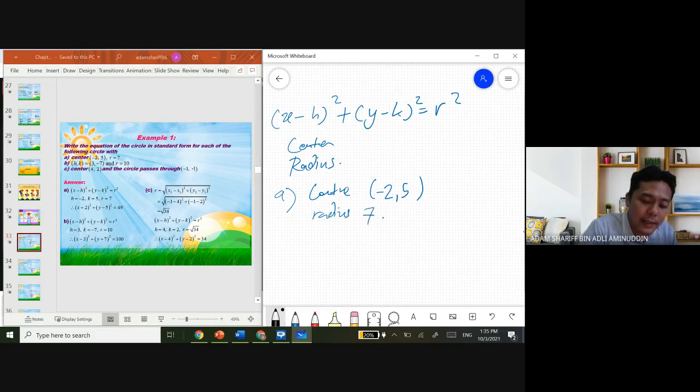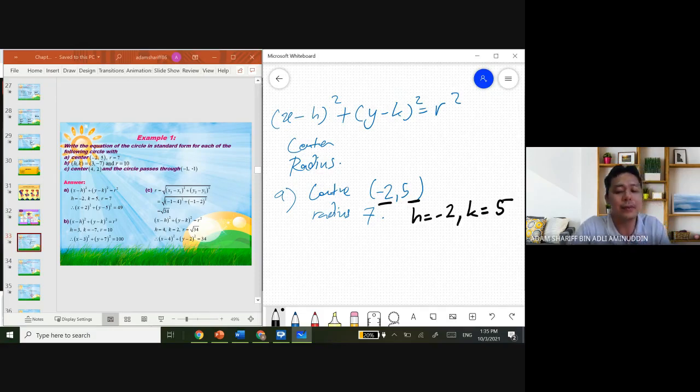So kita dah ada nilai kat sini. Please be careful here. The h is negative 2, the k is 5. When you put into the standard form, make sure you be careful with the negative sign again. Hati-hati.